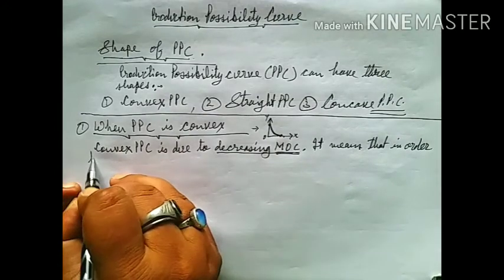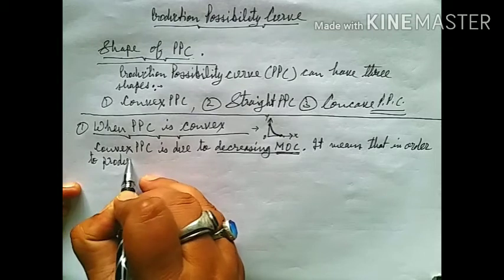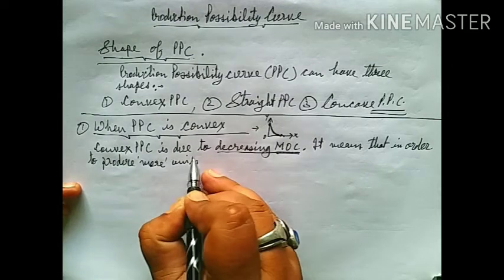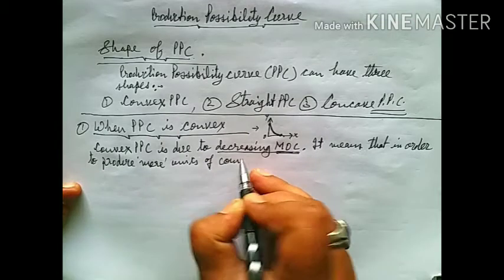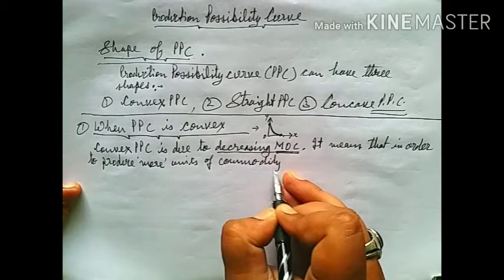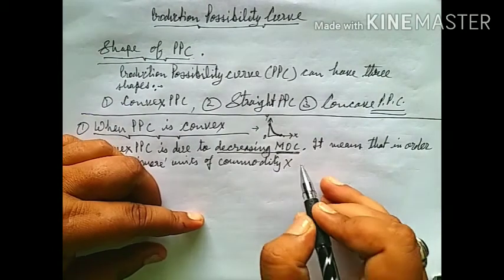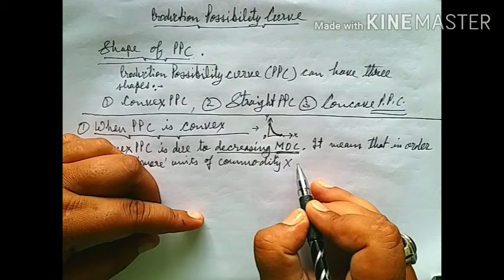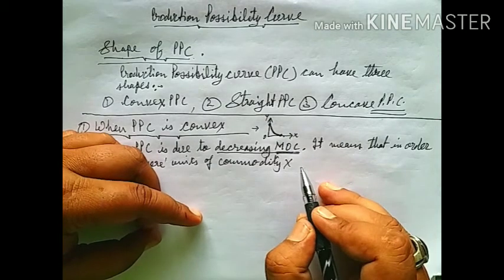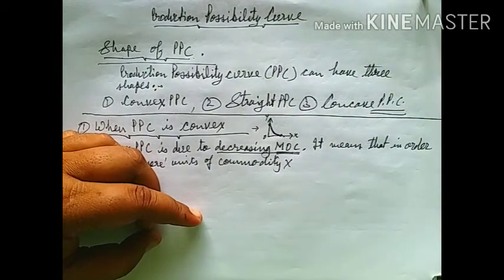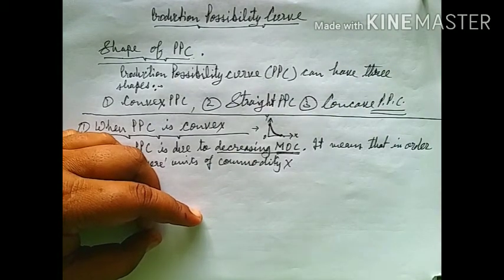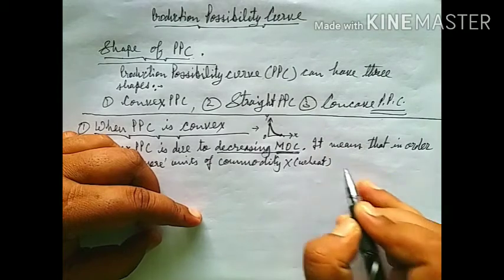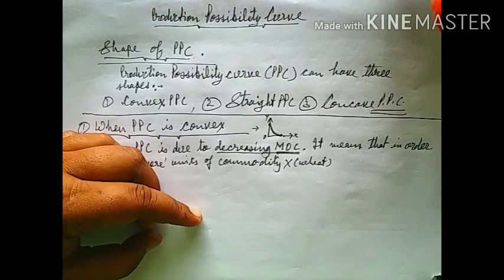more units of commodity X, in our example we consider X the wheat, and Y we consider the cotton.